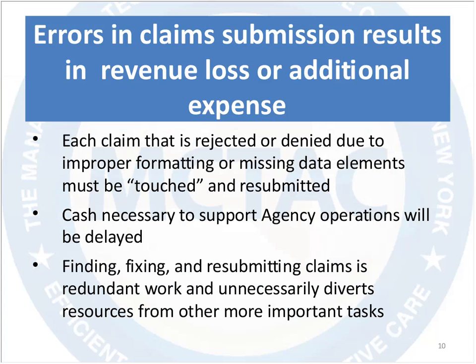What are some of the errors? What are some of the problems or errors in claim submission that result in revenue loss or additional expense? Some of the things to think about is not only are you leaving money on the table, but we're increasing our costs. So every claim that's rejected or denied due to improper formatting or missing data elements or coding needs to be touched and resubmitted.